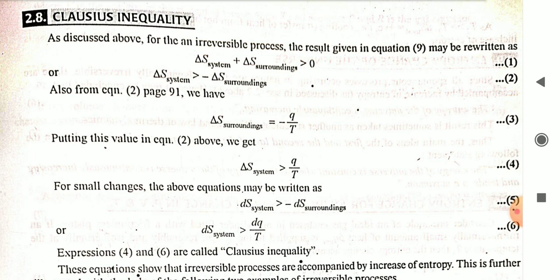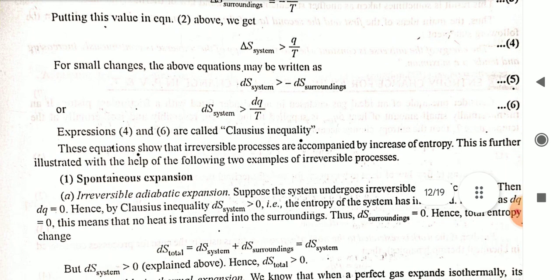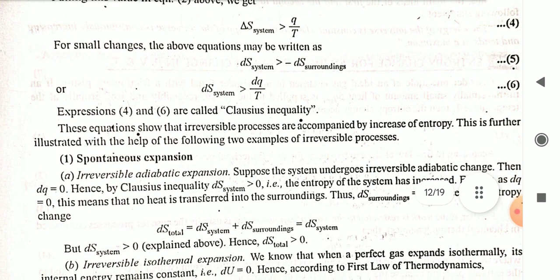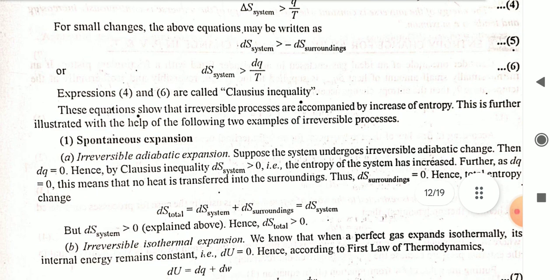We have delta S of surrounding is equal to minus Q by T. Putting this in the equation, we get delta S of system is greater than Q by T. For a small change, the above equation may be written as delta S of system is greater than dq by T, and that is called the Clausius inequality. These equations show that irreversible processes are accompanied by increase of entropy.